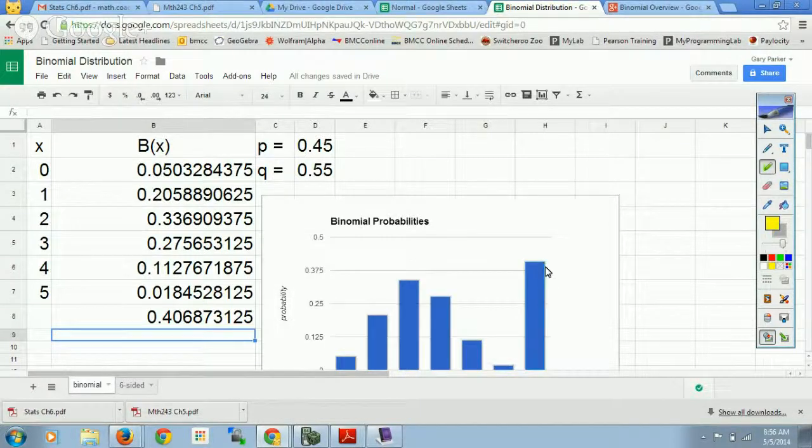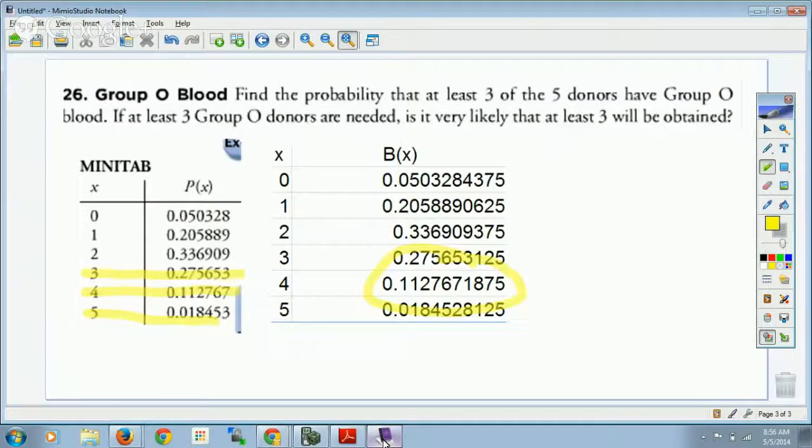So I get approximately 40%. About 40% of the time, in this group, you will find that 3 or more people out of 5 have type O blood.